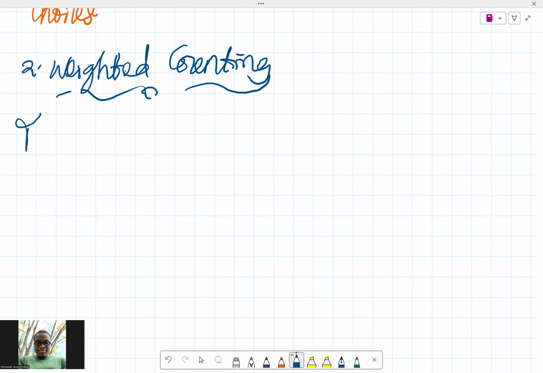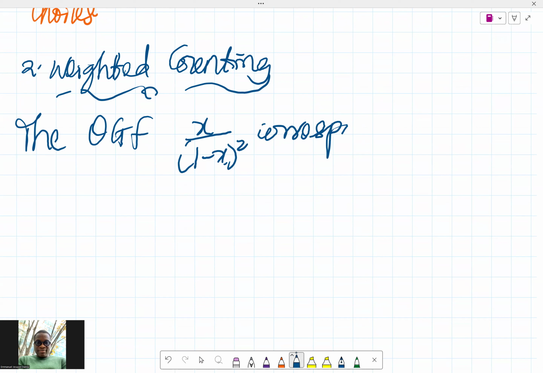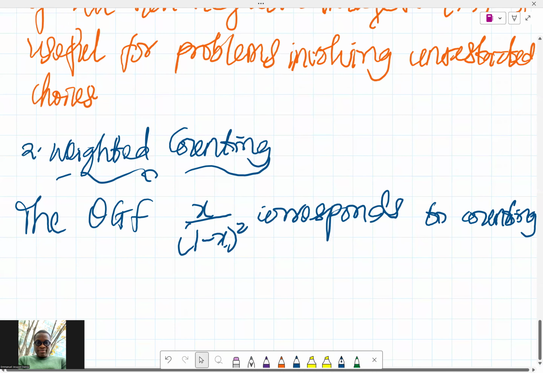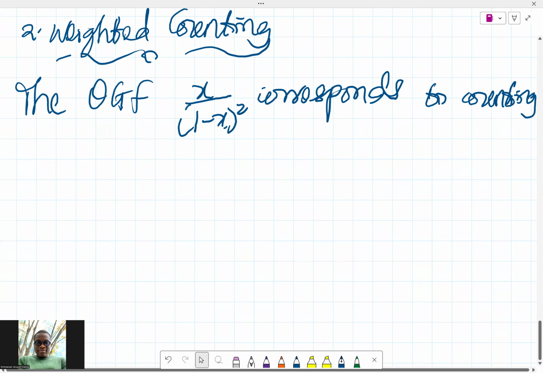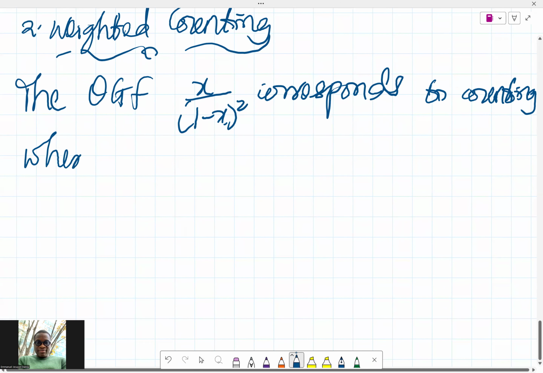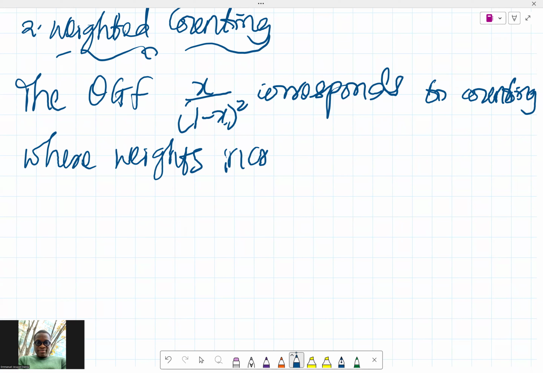The ordinary generating function for linear sequences, where you now have x over (1 minus x) all squared, corresponds to counting where weights increase linearly.